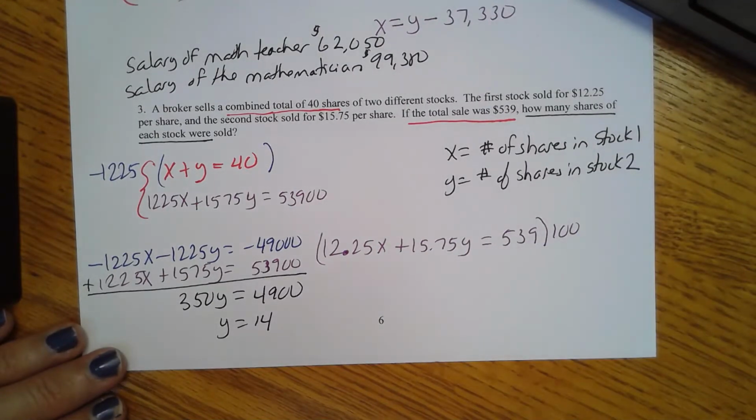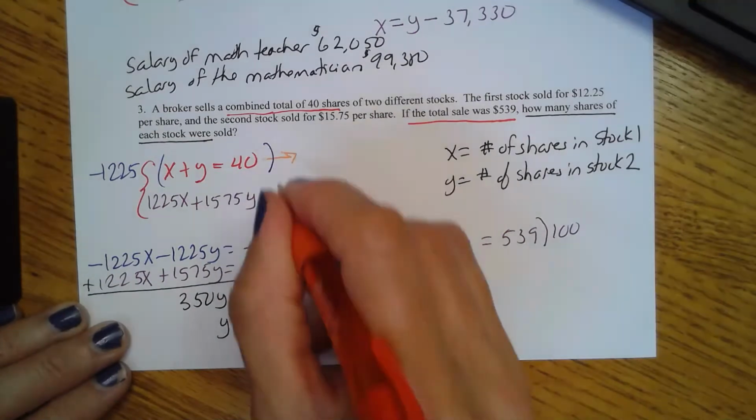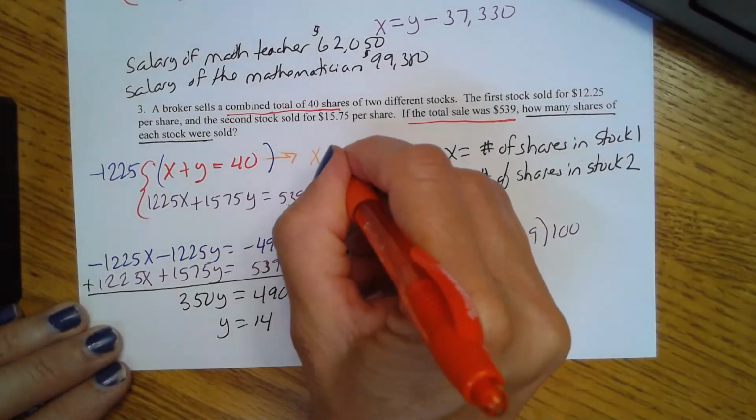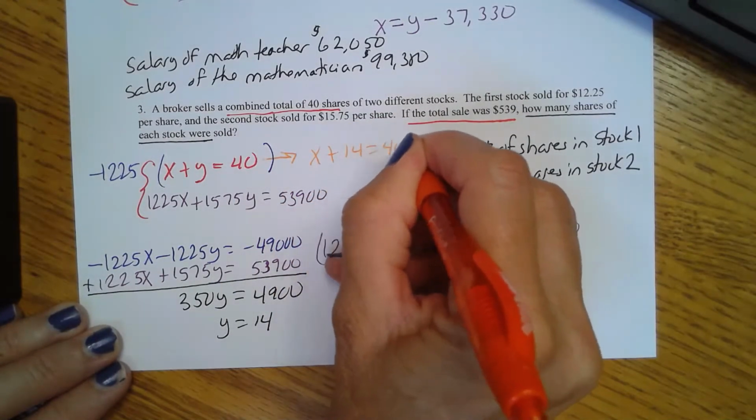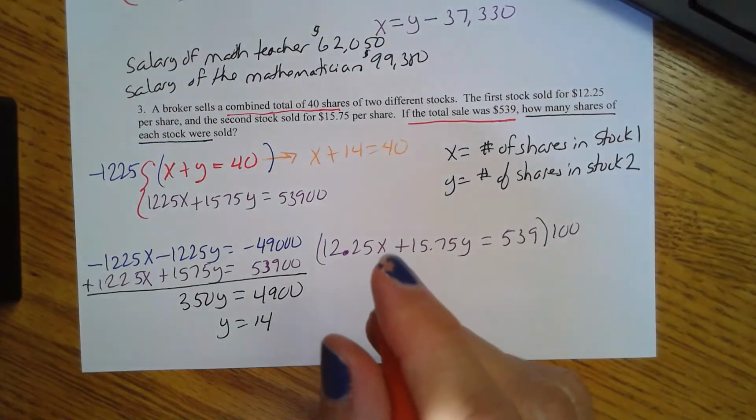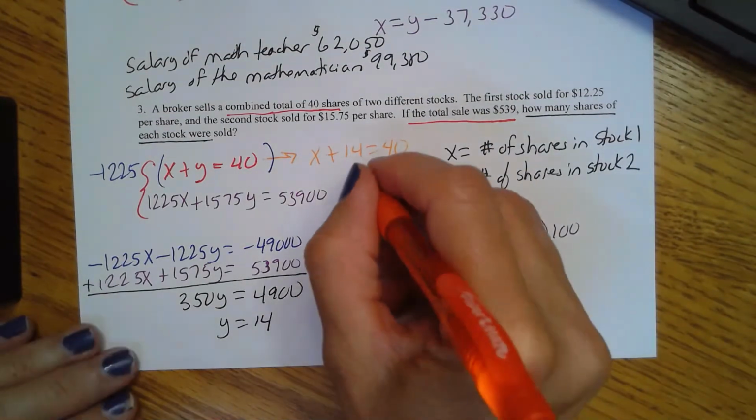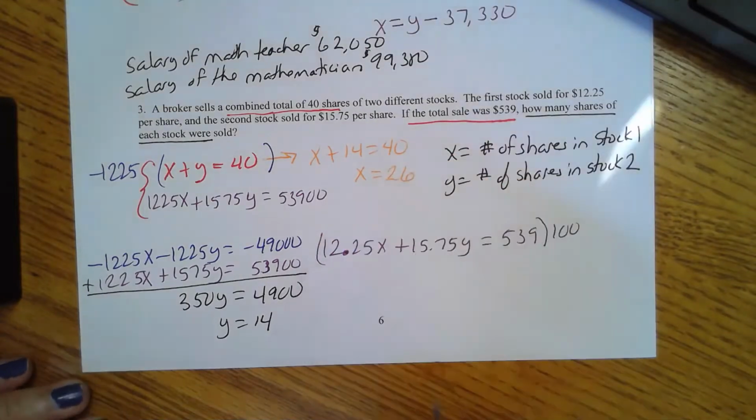So how do we find stock 1? Well, we can take the first equation and plug in y being 14. So x plus 14 equals 40. So if I do 40 minus 14, I know that x is going to equal 26. So again, you want to write your answer in words.